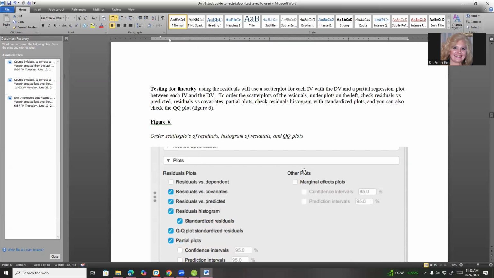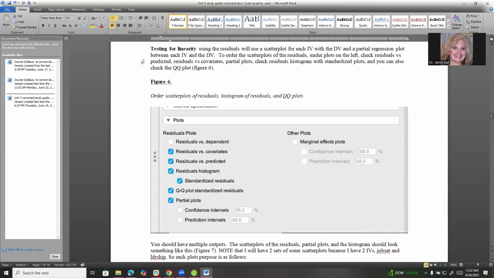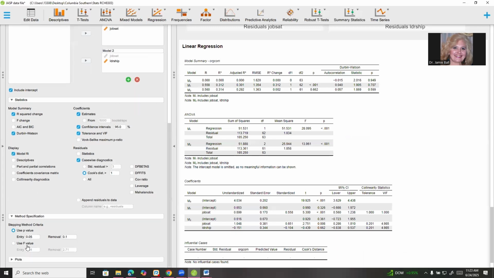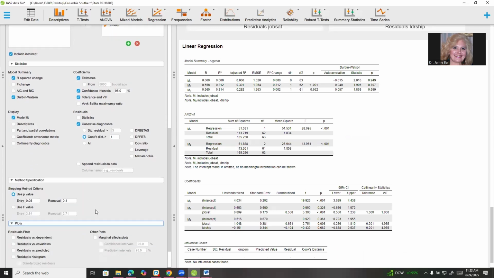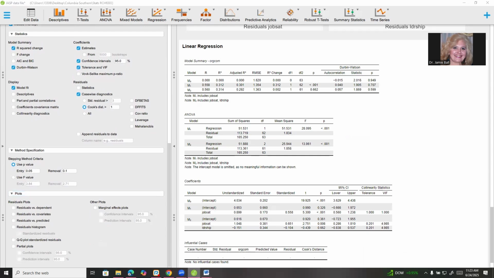Okay. Now our next assumption is to test for linearity. And we can see I'm going to add these plots now in JASP. I'm going to scroll down to plots down here, right? And I want to check residuals versus covariates, probably residuals versus predicted.